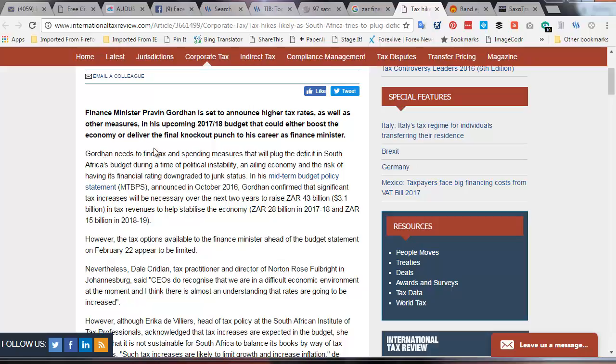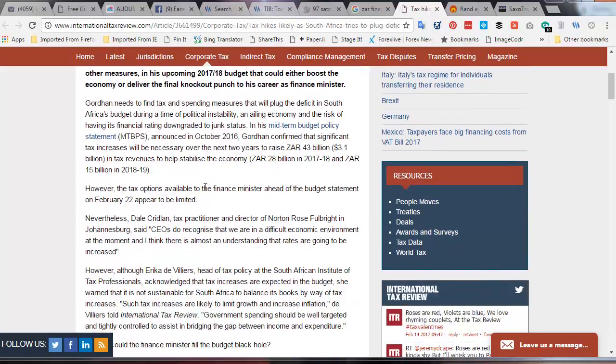So the minister's Pravin Gordhan, and there's talk that he'll be replaced. He needs to find tax and spending measures, and the tax options available ahead of the budget appear to be limited on February the 22nd. And that is the other part of the clue for me. That's what's going on, is the information that's in the budget on the 22nd.